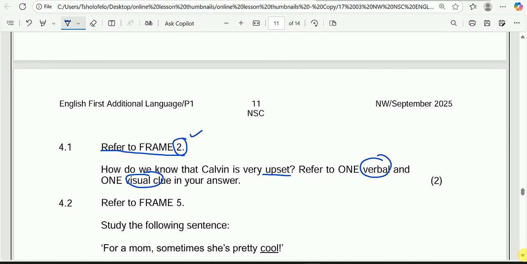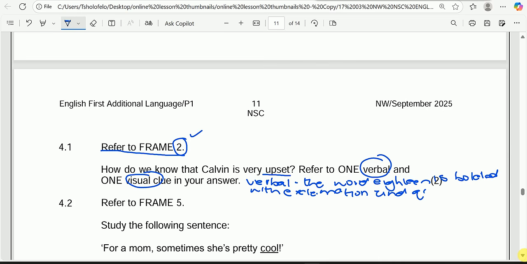And then you say verbal: the word 18 is bolded, with exclamation and question marks.